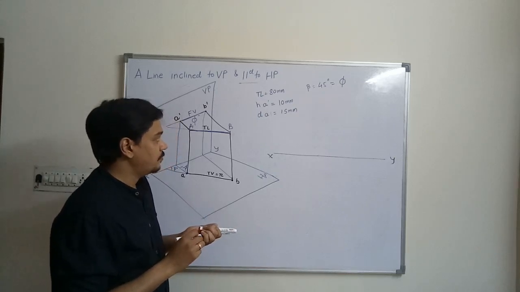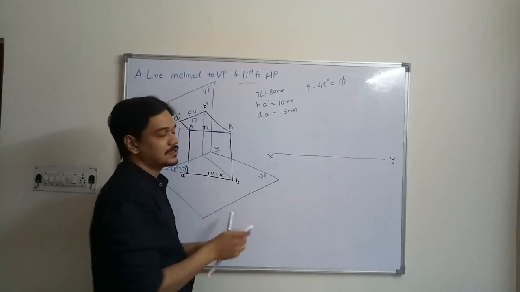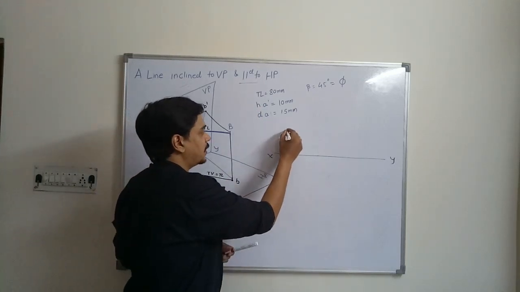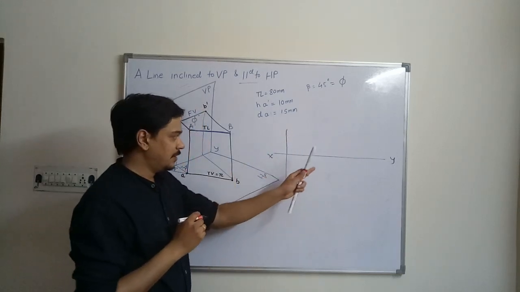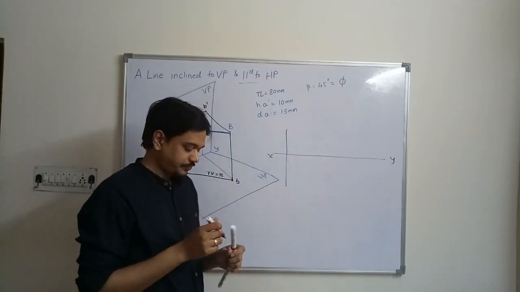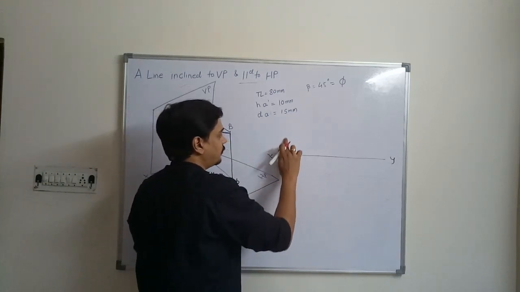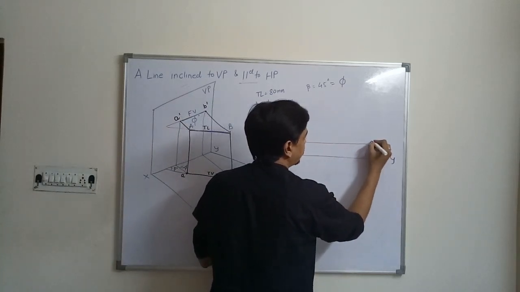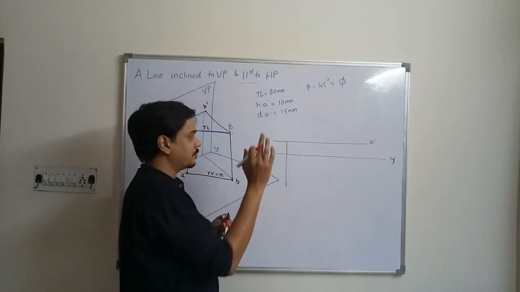So you have to resume. First, since the position of this A dash is known, I will first draw a vertical line. Again, you can draw this vertical line from here or here. Next I have to mark the positions of A dash and A. This is the position of A dash, which is 10 mm above horizontal plane.